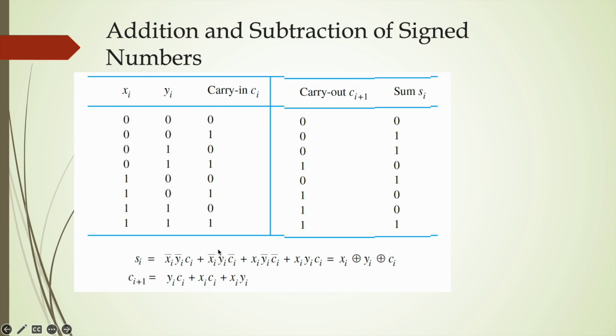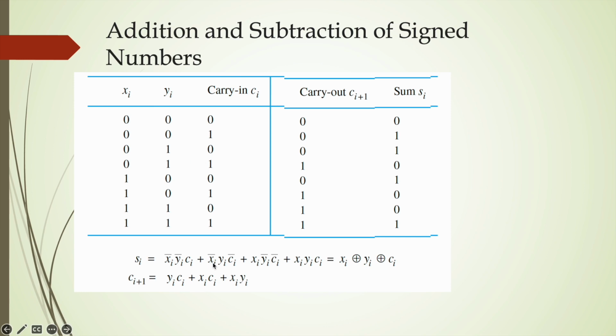So we'll get the formula for sum value Si. Si is 1 when Xi is 0, Yi is 0 and Ci is 1. So Xi bar, Yi bar and Ci. And it is 1 again when Xi is 0, Yi is 1 and Ci is 0.